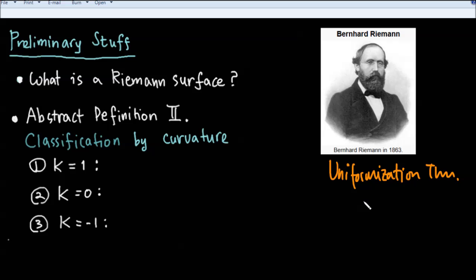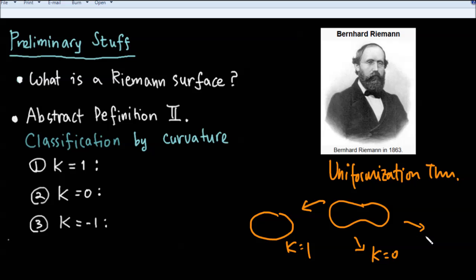It says, given any Riemann surface, simply connected or not, there is a biholomorphic map so that it is biholomorphic to a Riemann surface with constant curvature 1, or constant curvature 0, or constant curvature -1. That's the theorem. If you look at constant curvature 1 and constant curvature 0, there are not too many, so we're going to list them. Curvature 1 is the Riemann sphere.